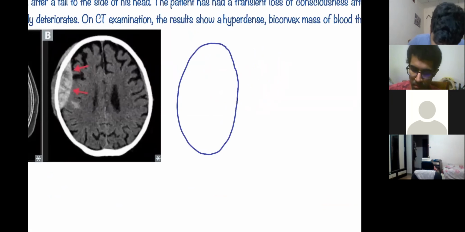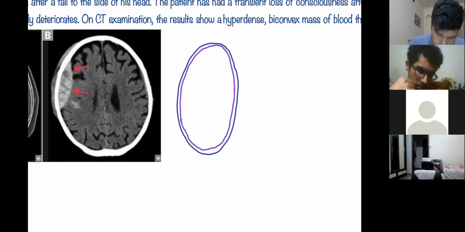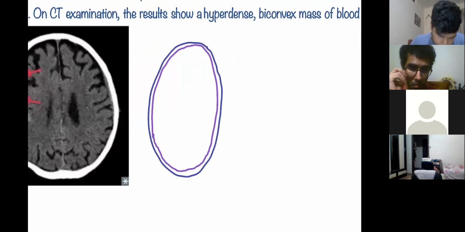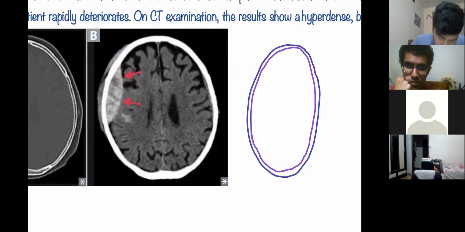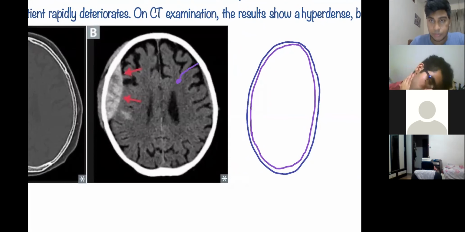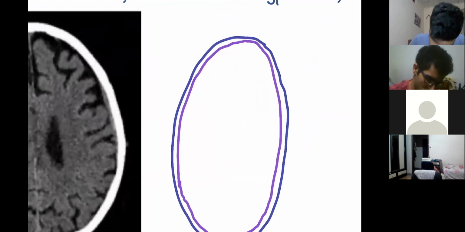Below that, we have the dura mater. Don't draw this dura mater yet, because I need to highlight something. First thing I need you to know is, look at this CT scan. There are vessels that come from the circle of Willis and all those structures which go to the dura mater. And those blood vessels are present here.